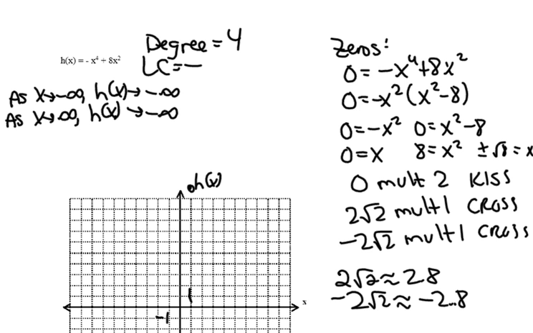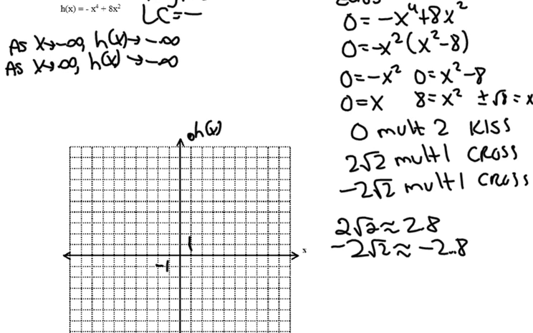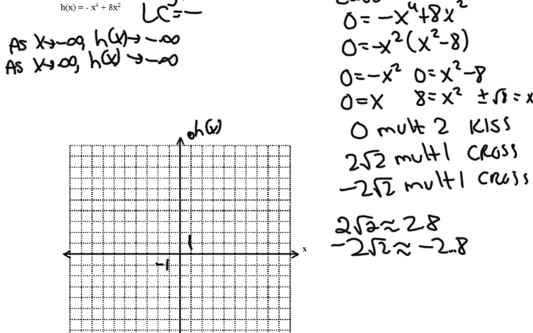Okay, so now that I have all my information for this, I can graph. So again, I'll start with the zeros. Okay. So we know they're both coming down, and we're going to cross. Okay. We will kiss and go in the other direction at 0, and then cross at 2 times square root of 2.